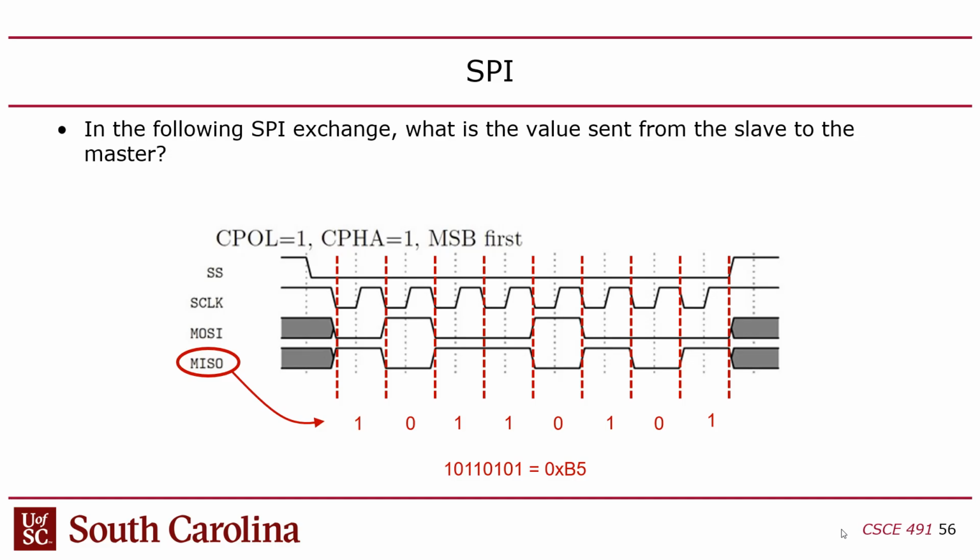It organically evolved from people that were hacking on this stuff. But just to clarify, this is MSB first. Of course, if it was LSB first, you'd have to reverse the order of the bits. In this case, MSB first is convenient because you can read from left to right on the timing diagram, and so this would be B5.